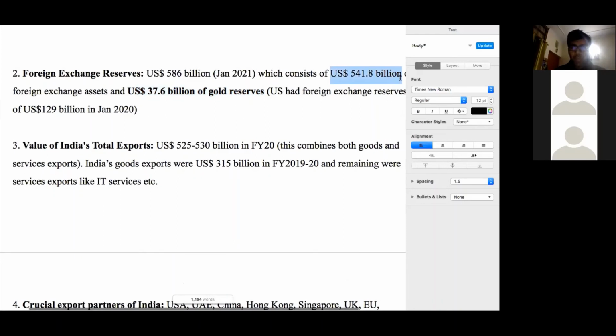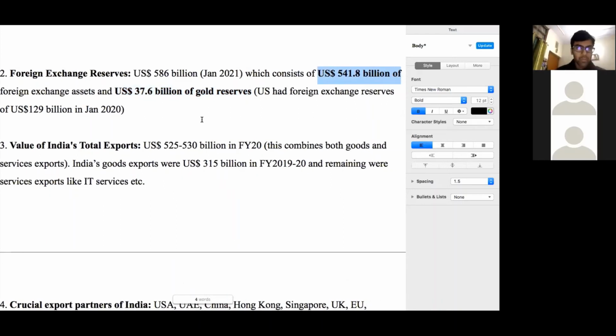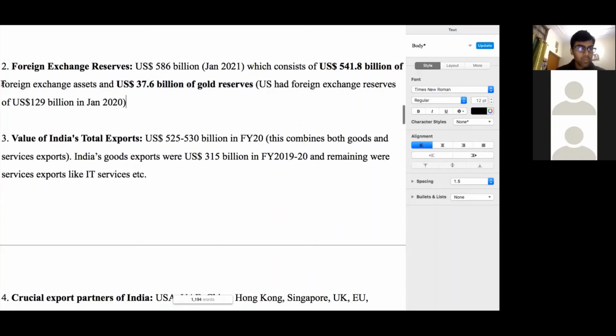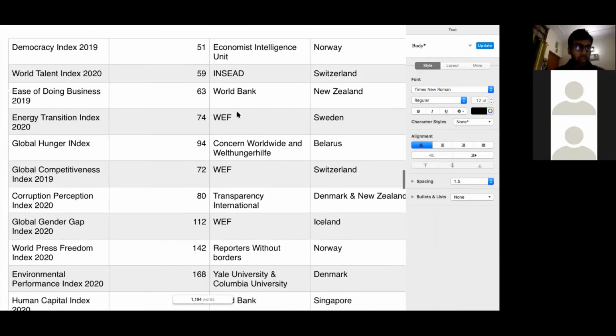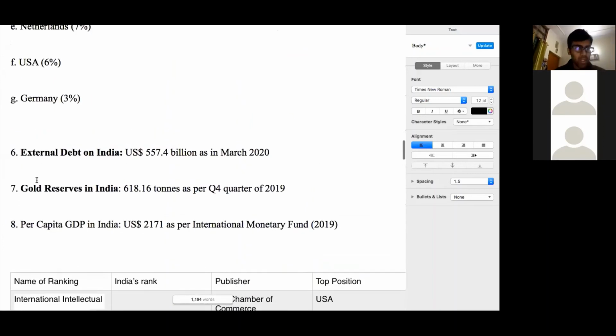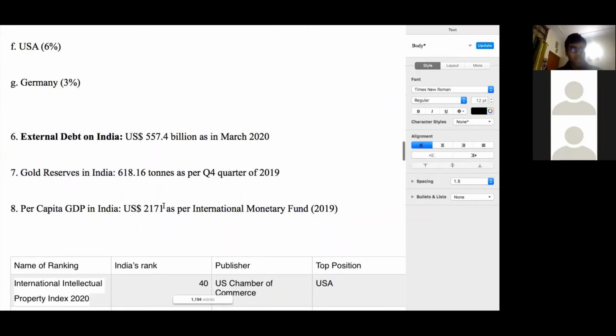The latest figure was US dollar 542 billion or 540 billion of foreign exchange assets and US dollar 37.6 billion of gold reserves. This is actually the latest figure. This is not as such important, so you can just forget this figure.